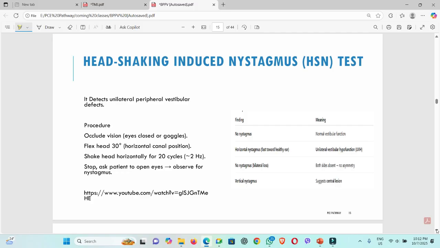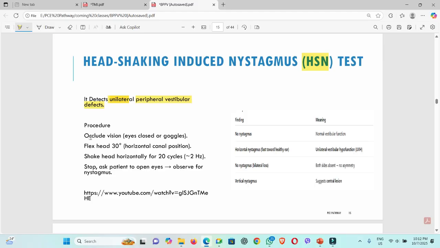Next is head shaking induced nystagmus. It detects unilateral peripheral vestibular defects. Again, the head shaking HSN test detects unilateral peripheral vestibular defect.